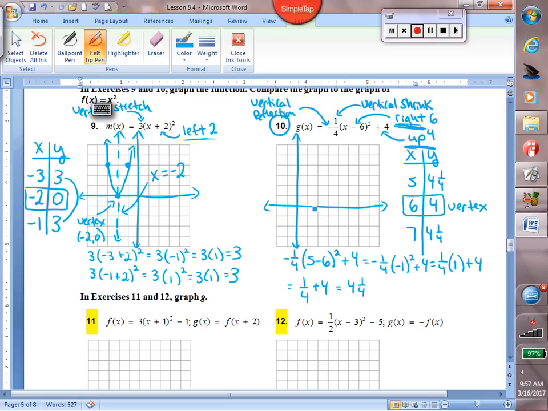So now when I graph, I have 1, 2, 3, 4, 5, 6, 1, 2, 3, 4. Then I have 5, 4 1/4, so we go up just a little bit of a box. And then 7 we have 4 1/4 to match.